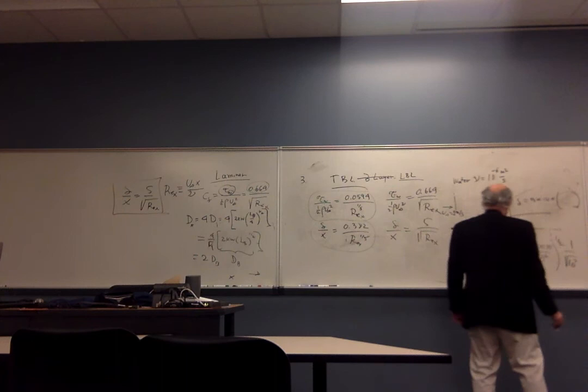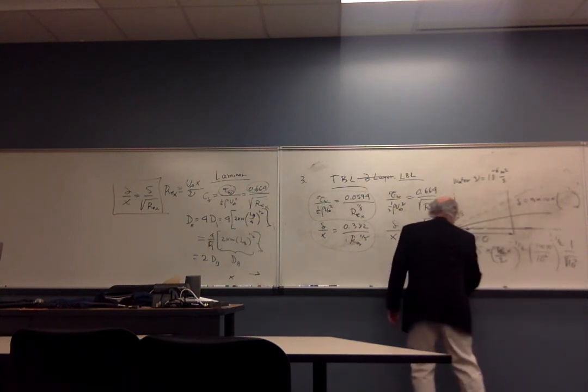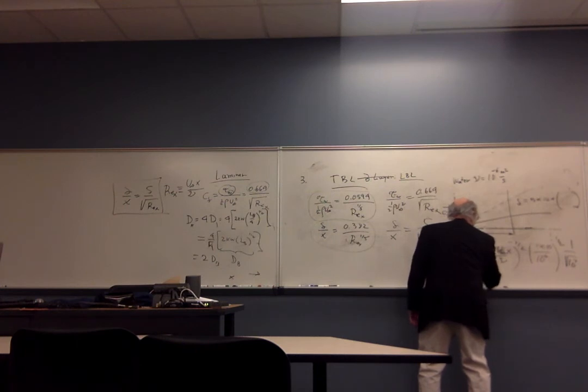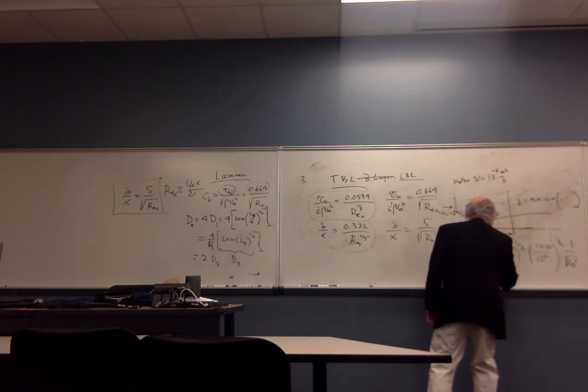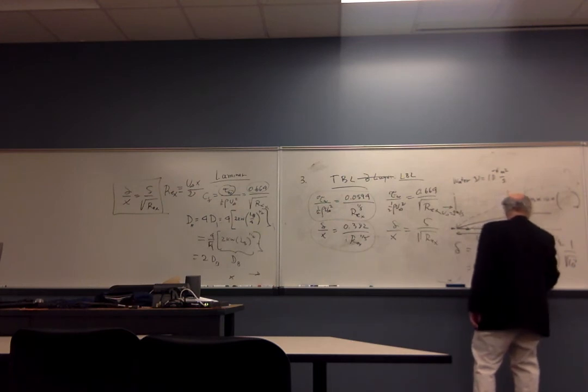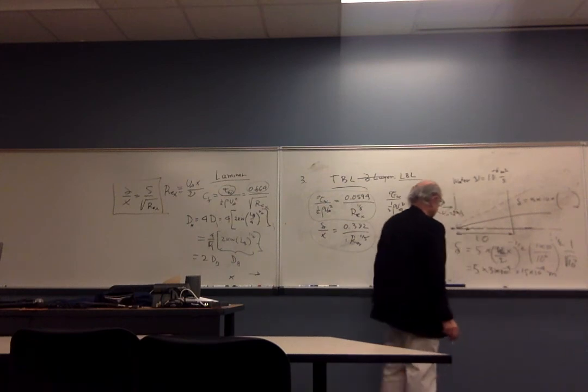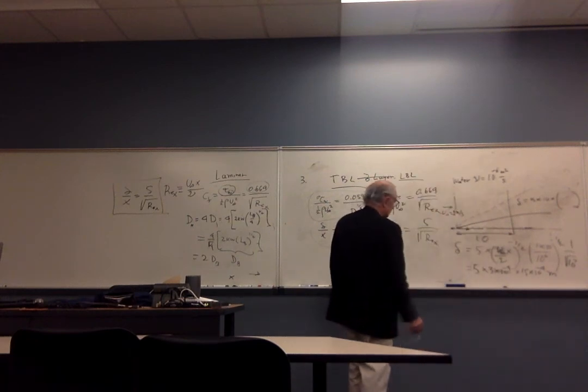Okay. So that gives me 5 times that, 0.3 times 10 to the minus 3, we'll just use 3 times 10 to the minus 4. So the answer is 15 times 10 to the minus 4 meters.